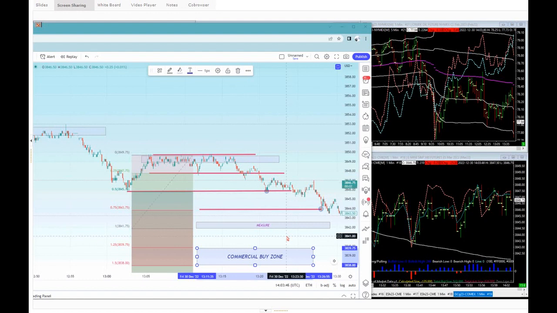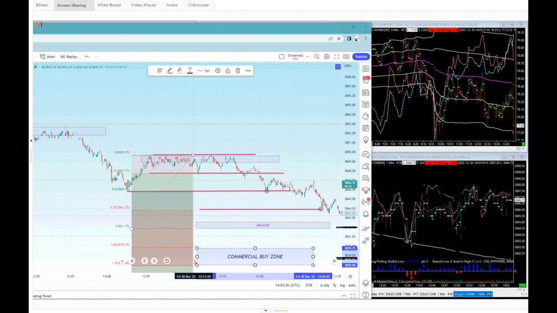It's actually 2 times measure, isn't it? If that's the original bracket there, and that's the 1 times measure, that's the 2 times measure, isn't it? So it's actually 2.0.